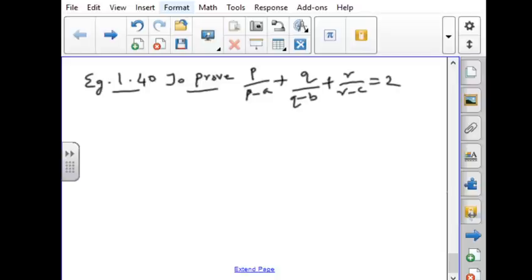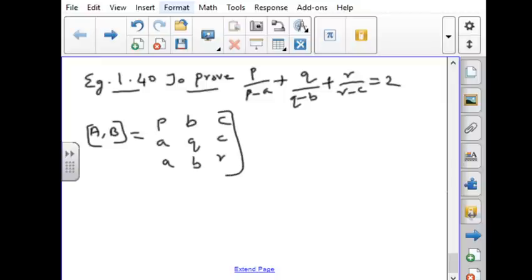From the given system of equations, we can write the augmented matrix A, B is equal to P, B, C; A, Q, C; A, B, R. Now it is given that it has a non-trivial solution.